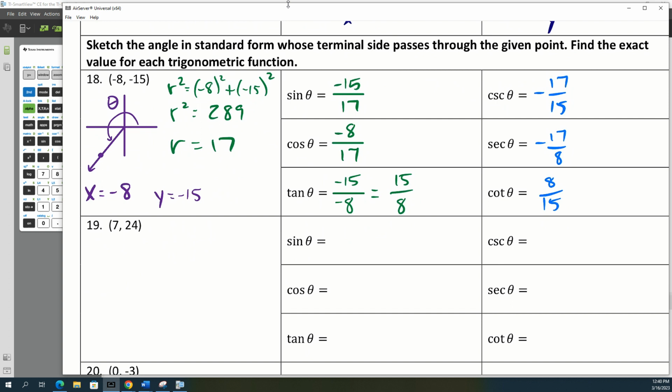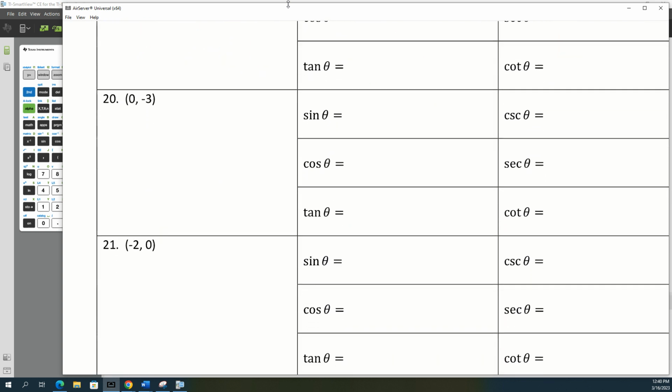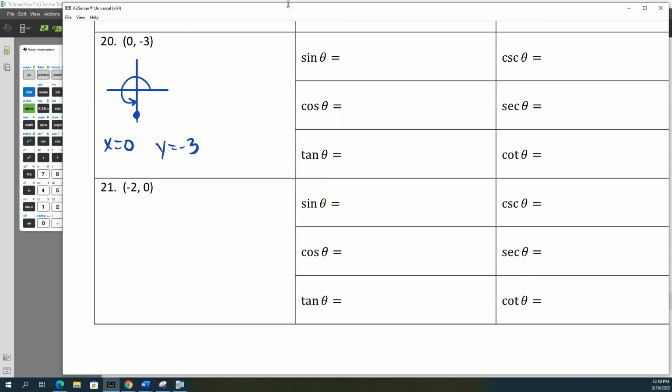So this one is great. All right, now we are going to skip down and do number 20. So this point, we're going to go over none, but then go down 3. So that's our angle, where x is 0, y is -3. And then we can find r using the formula.